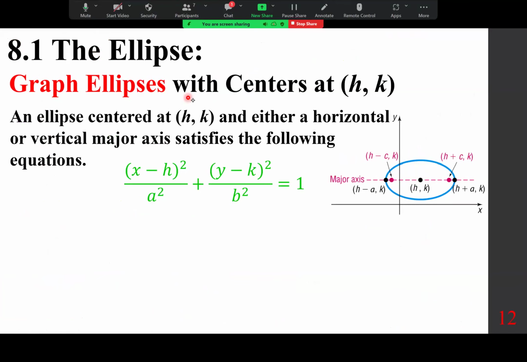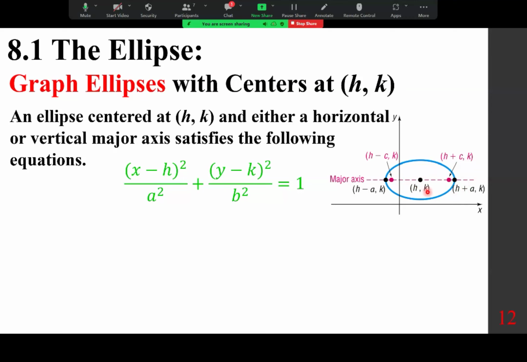Now, graph ellipses with centers not at the origin, but rather at h and k. An ellipse centered at (h, k), with either a horizontal or a vertical major axis, satisfies the following equation: (x minus h) squared over a squared plus (y minus k) squared over b squared equals 1. This is the center (h, k), and if this distance is a, it makes this h plus a, and this one h minus a.